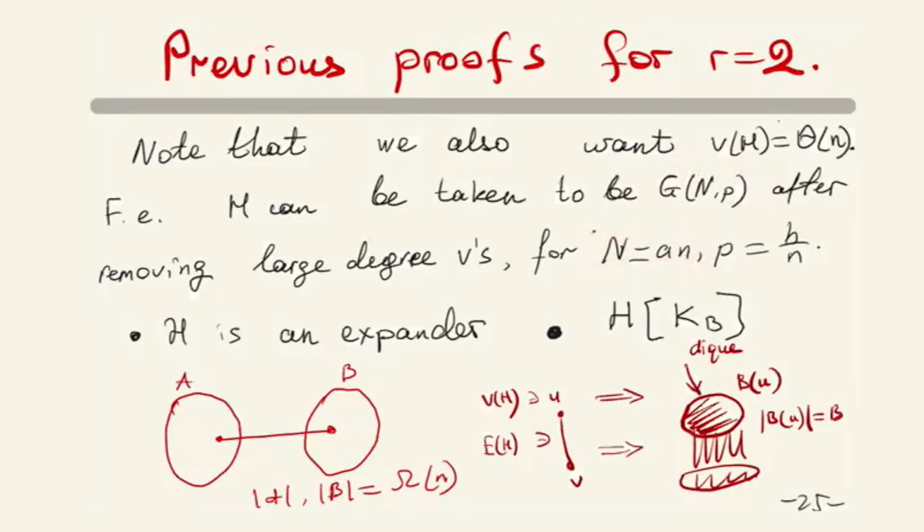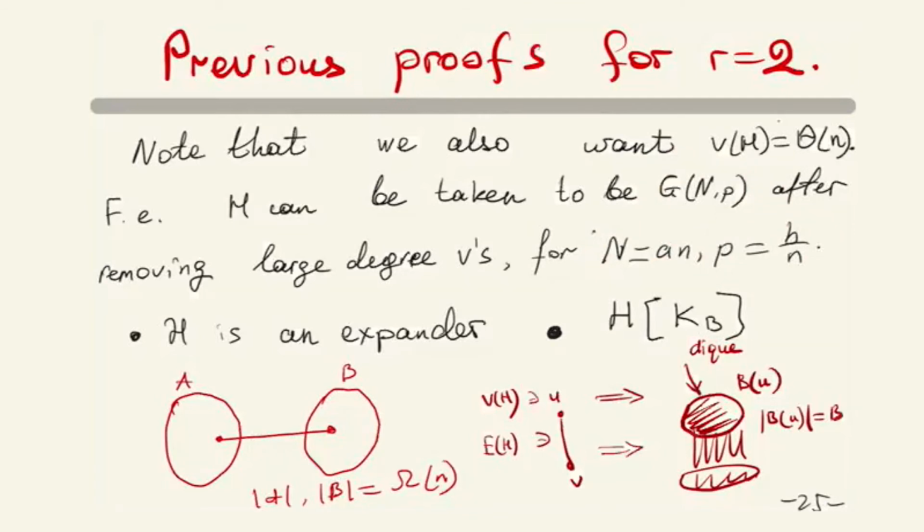This is important because you want the number of vertices to still be linear in terms of the vertex set of the graph you are looking for. And the probability p is some B over n, where B is also a constant. Then you can just remove the large degree vertices from G(n,p).